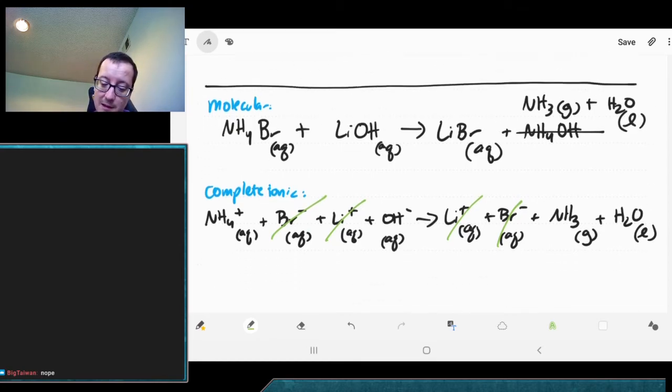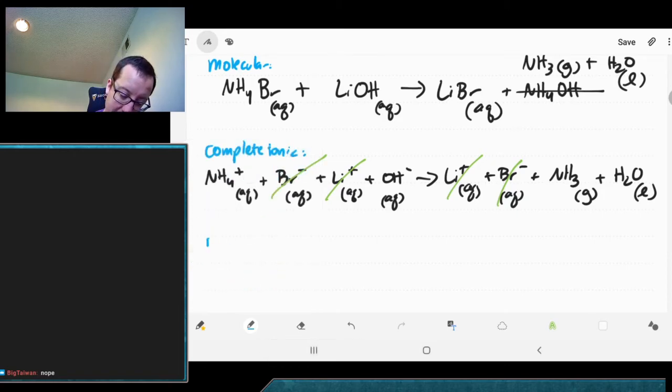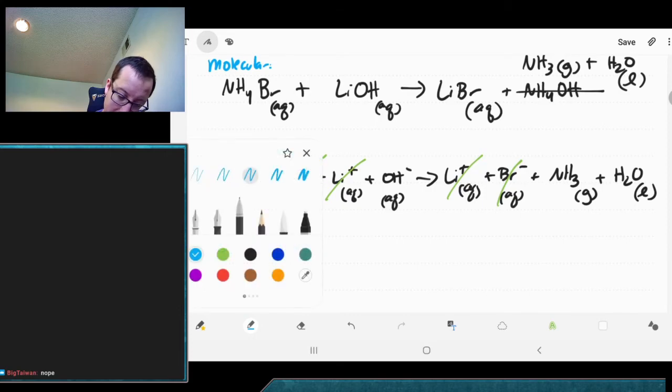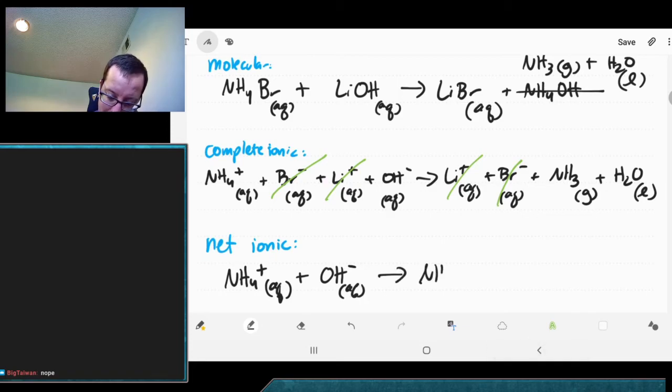So we can now reduce this to our net ionic equation, where we have the ammonium ion plus the hydroxide ion forms ammonia gas plus water liquid.